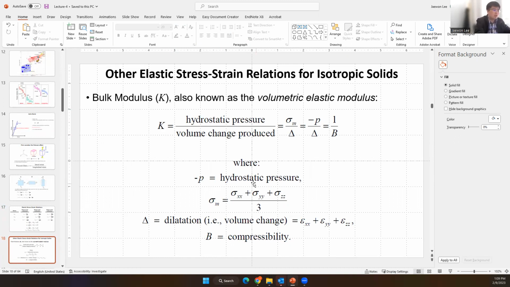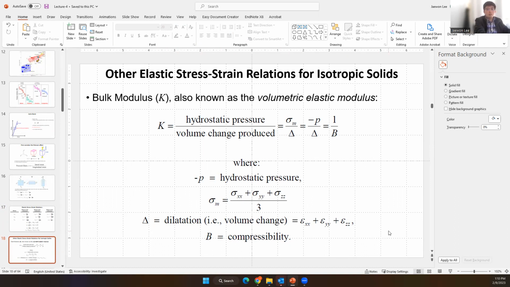Here, P is the hydrostatic pressure, and stress M is the mean of the stress in the x direction, y direction, and z direction. Delta V is the volume change.